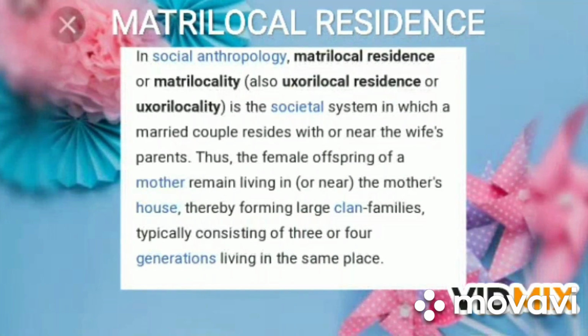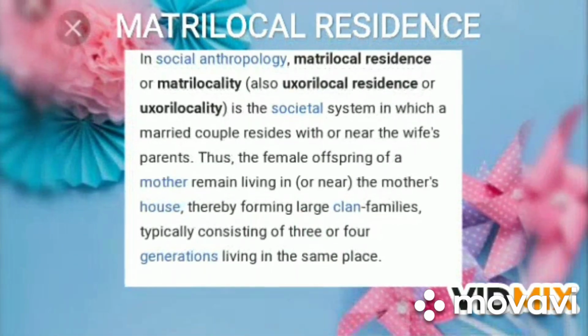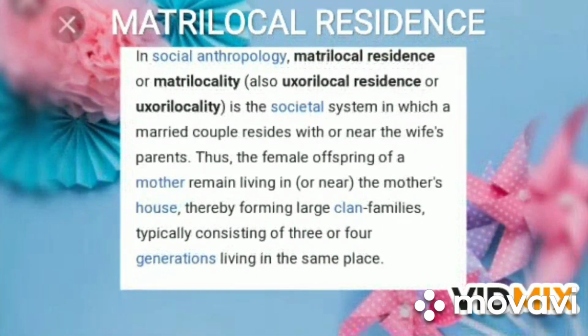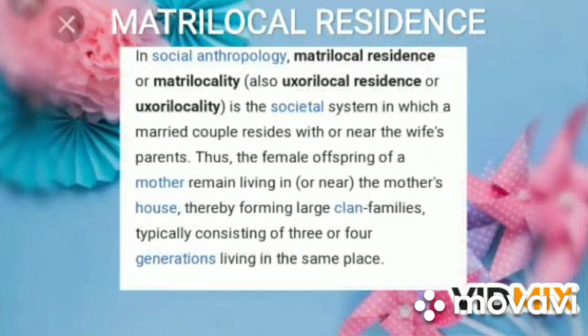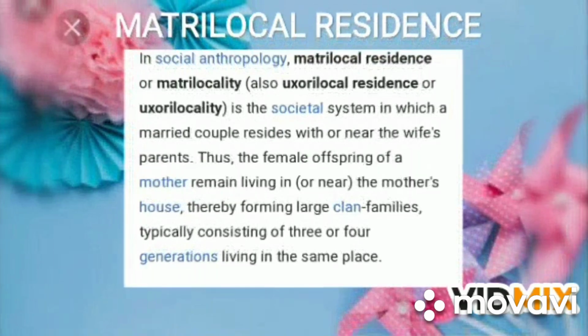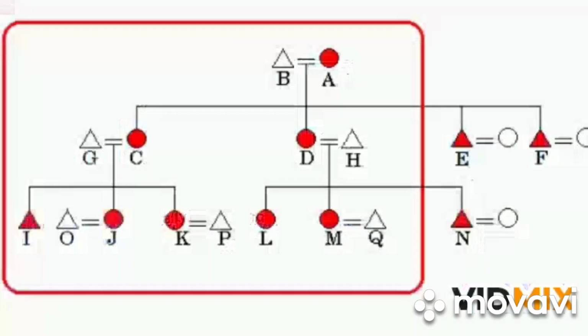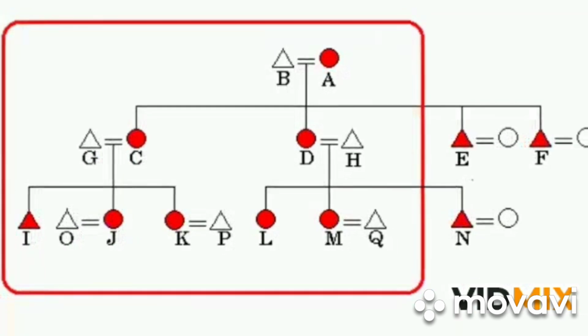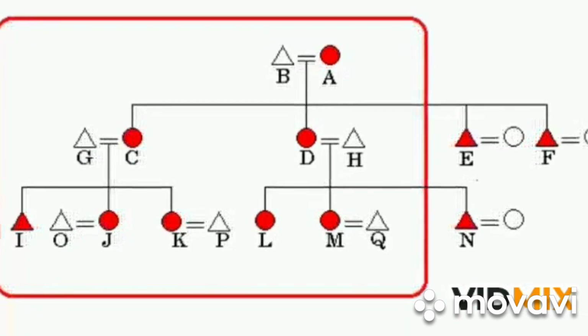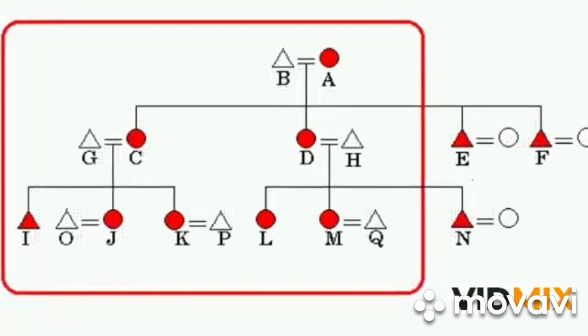Matrilocal residence refers to a custom or culture where the husband goes to live with the wife's family, where the custom of a tribe is for a man to marry and then go and live with his mother and father-in-law.